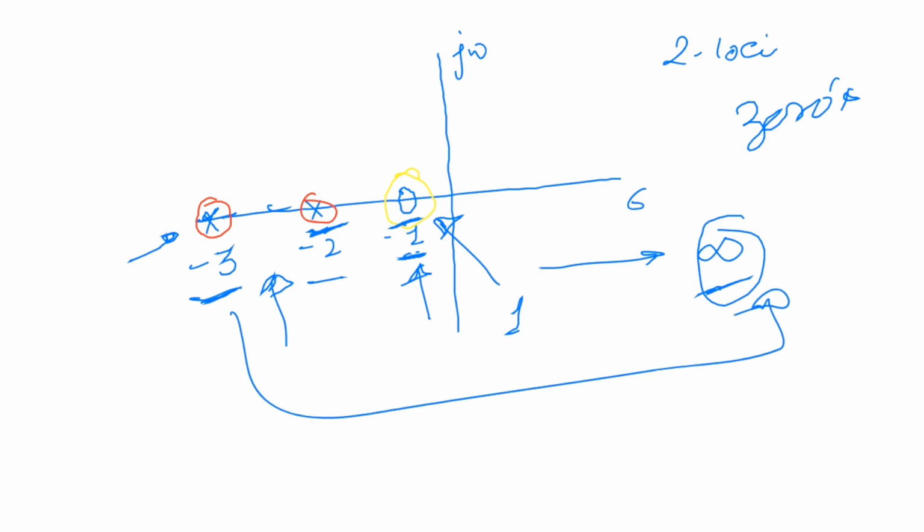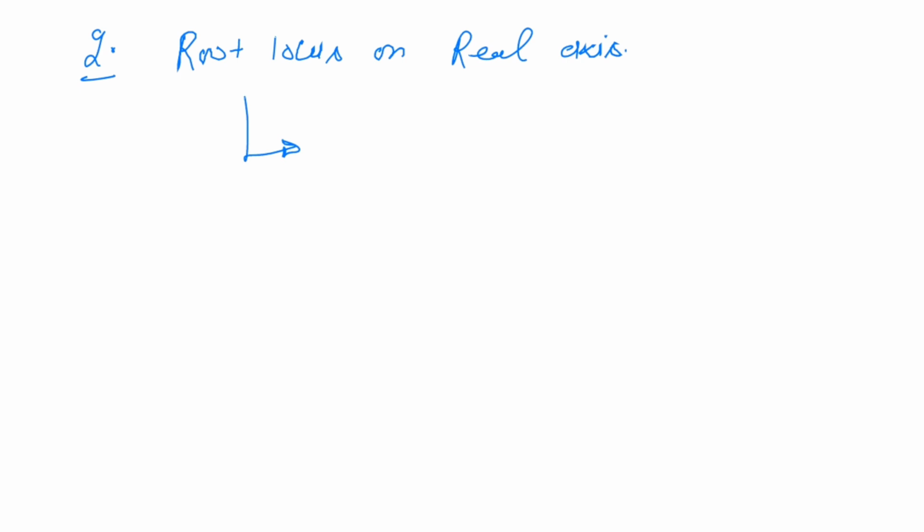Now with respect to this example, let's take the second rule. Rule number 2 is root locus on the real axis. As we have discussed in the previous class, to find out any point on the root locus, we always use the angle criteria. If any arbitrary point on the root locus satisfies the angle criteria, that means the given point is a part of the root locus.